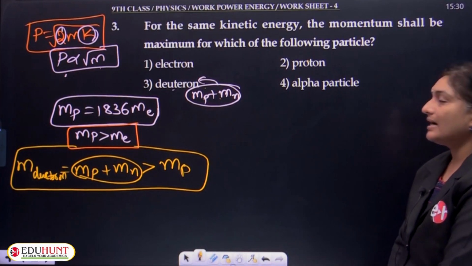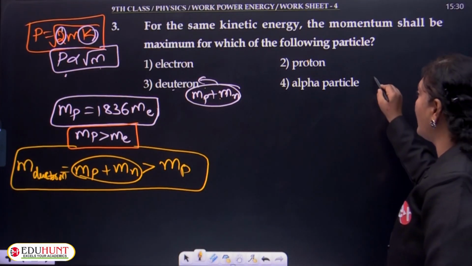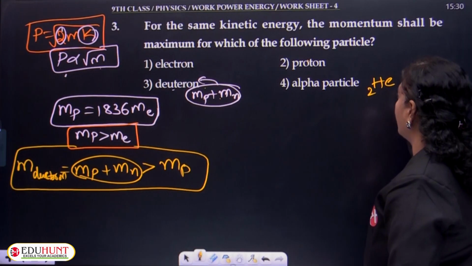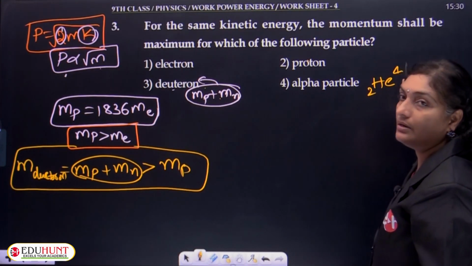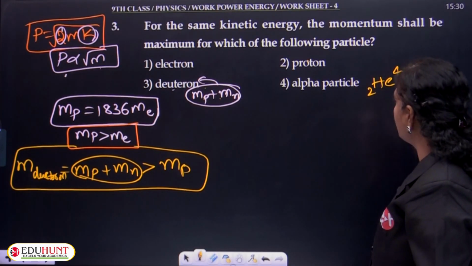Now one more is left over, the alpha particle. Children, what is an alpha particle? Alpha particle is nothing but a helium nucleus, with atomic number 2 and mass number 4.